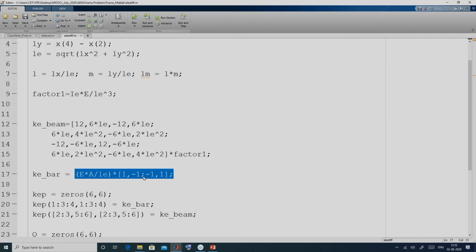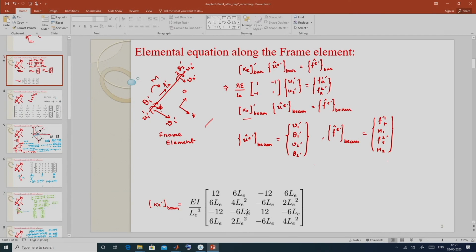This semicolon means next row, minus 1 1. So, this is that 2 cross 2 stiffness matrix, and KE beam is nothing but the stiffness matrix for the beam element in that local frame.